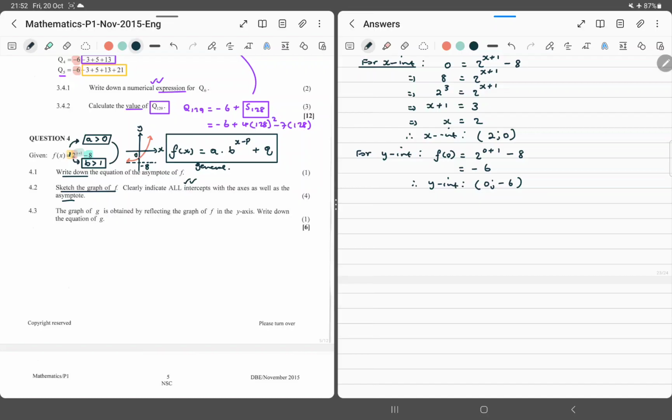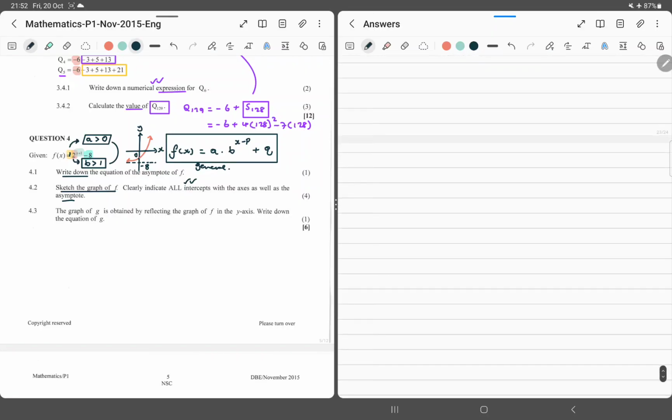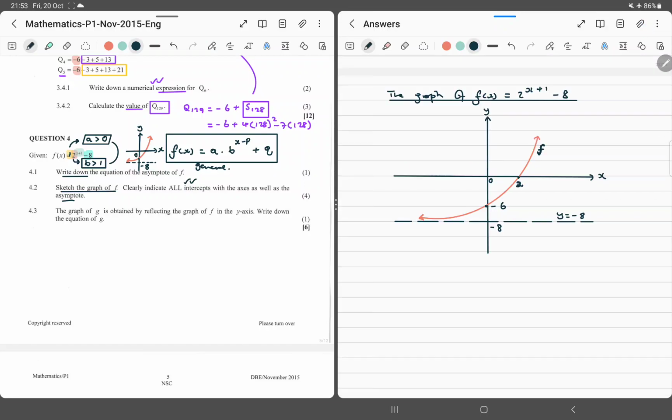Now with those two intercepts sorted, the graph of f of x is equal to 2 to the x plus 1, minus 8. I don't have it now, so I'm just going to make my own.